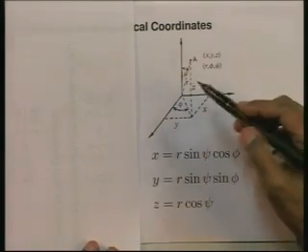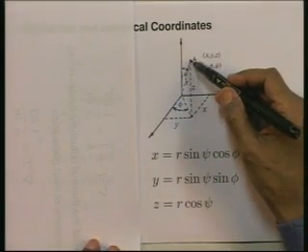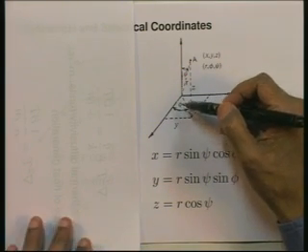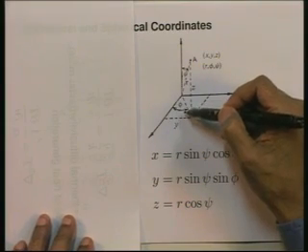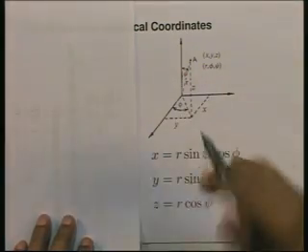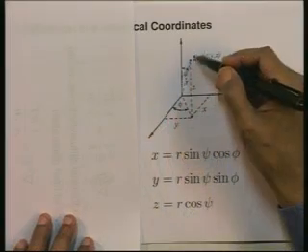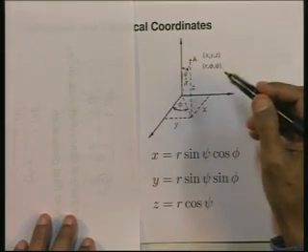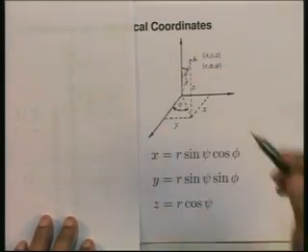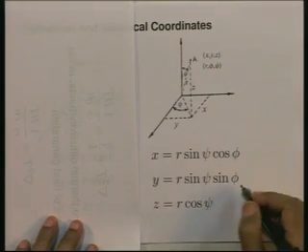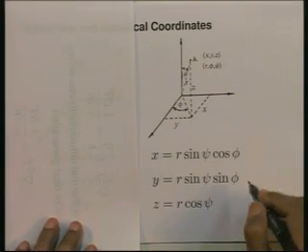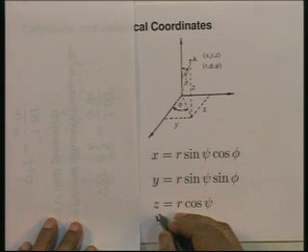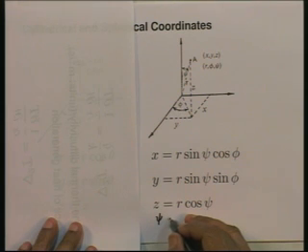in which case I have a distance r, which is the distance from the point A to the origin, that is r. Phi is the angle similar to the angle theta in the cylindrical coordinate system, measured in the xy plane, and psi is the angle made by the radius r with the vertical direction z. Psi is called the zenith angle and phi is called the azimuth angle in the spherical coordinate system.